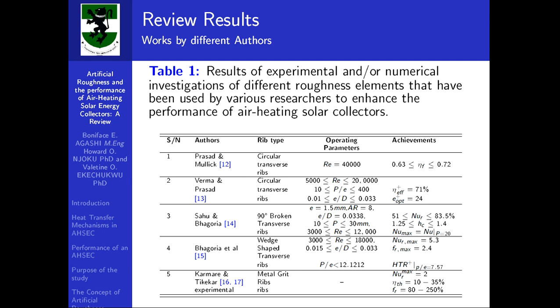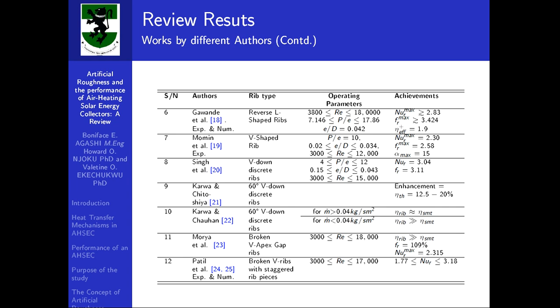Bhagoria et al. found that wedge-shaped transverse rib as a roughening agent can help to achieve a maximum Nusselt number ratio of 5.3 when the Reynolds number is between 3,000 and 18,000. Other findings are tabulated here, but for the sake of time, let's go to table 2, where the performance of these ribs are compared.